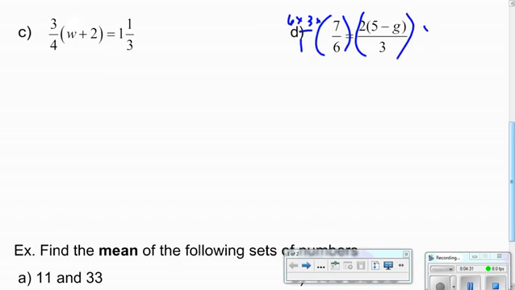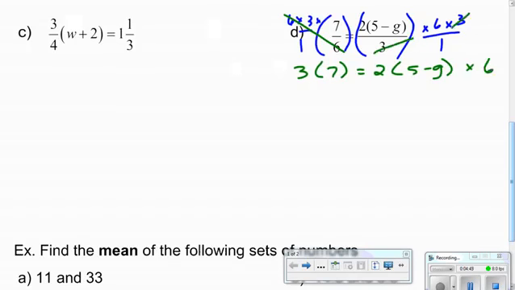We're going to go times by 6 by 3. So we're multiplying by both denominators, so that way we don't end up with the denominator. So these 2 6's are going to cancel out, so we get left with 3 times 7 is equal to 2 times 5 minus g times the 3's will cancel out times 6. So it's kind of like the denominators have just switched to multiply the numerator on the opposite side of the equation. You probably noticed that pattern.